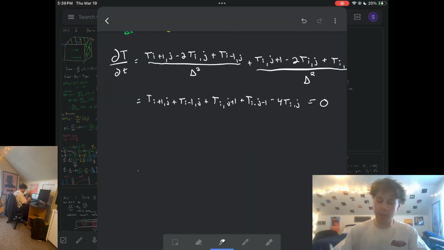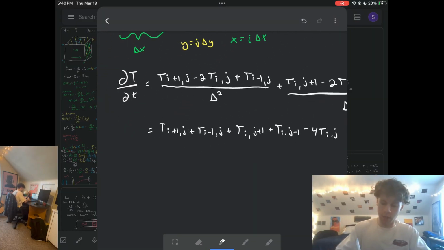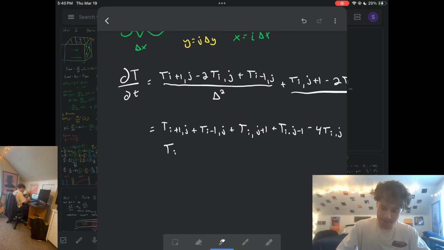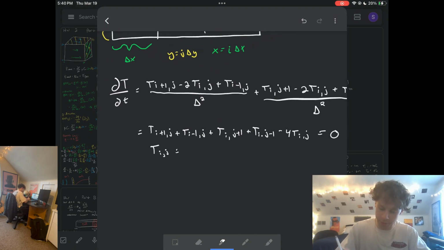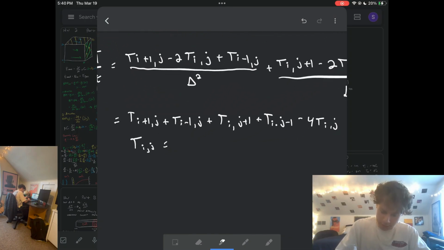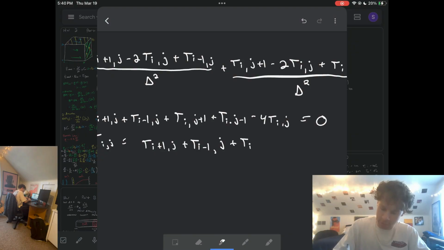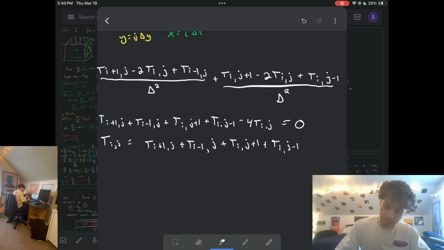Now we could say that the temperature of the center, our T i j, is equal to T i plus 1 j plus T i minus 1 j plus T i j plus 1 plus T i j minus 1, divided by 4.